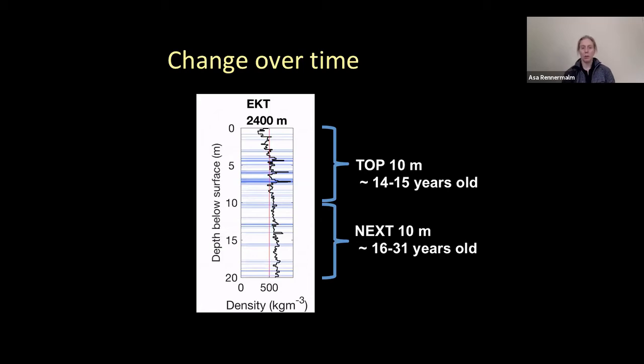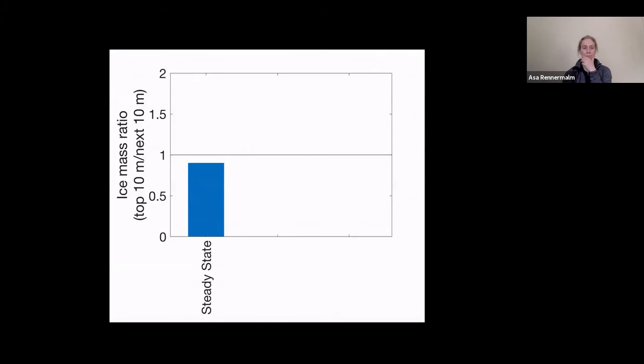What I'm going to do now is compare the ice in the top 10 meters with the next 10 meters. And I expect that if we look at the ratio between the top and the next 10 meters, and we have a steady state condition where nothing has changed over time, we would have slightly more ice in the bottom section than the top section.